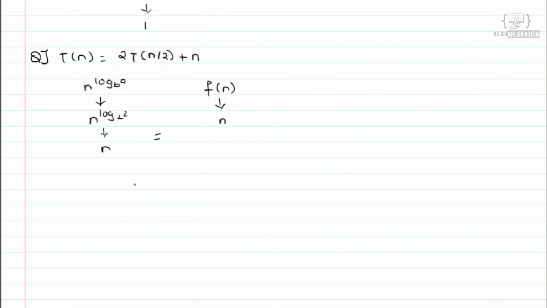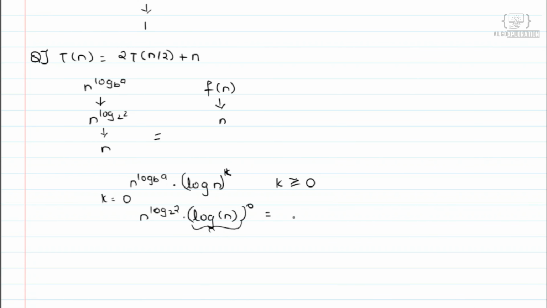But in the third case, it is n raised to log a base b into log n raised to k, where k should be greater than or equal to 0. Now if we put k equal to 0, then n raised to log 2 base 2 into log n raised to 0 will be 1. So the answer will be n.